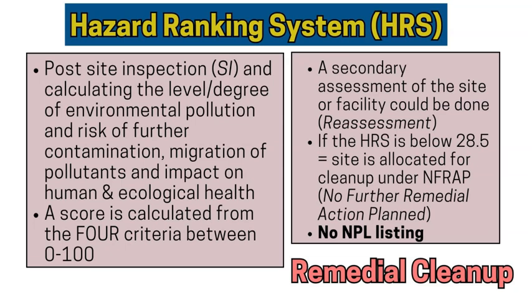For example, if the score is below 28.5 from the 4 criteria assessment, then it basically is deemed not polluted enough or not dangerous enough or hazardous enough to warrant further remediation plans being put in place for that site. So it comes under the NFRAP, which is no further remedial action planned. Basically, the site is left as is. Now there'll be future assessments on that site to then reproduce a new hazard ranking score.